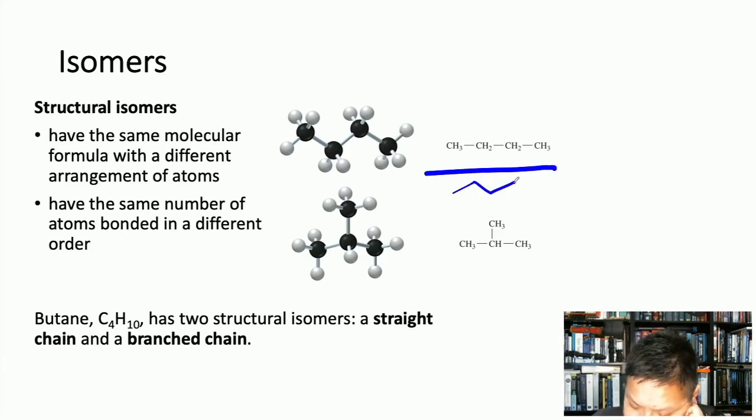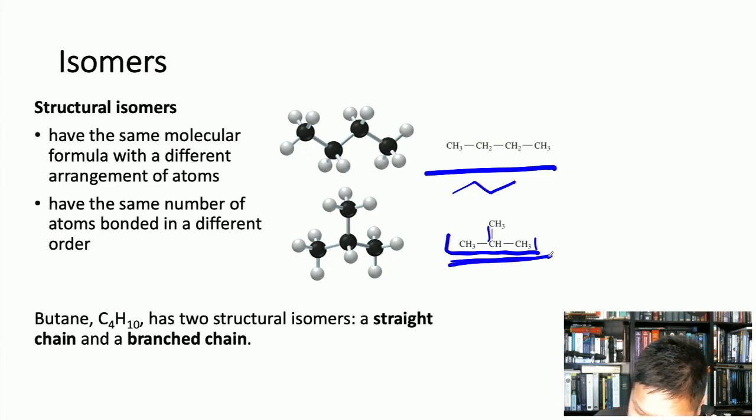But here we have an isomer of butane where only 3 of the carbons are in a chain, and then the 4th carbon is connected to the center carbon, right? So that would be an isomer of butane.